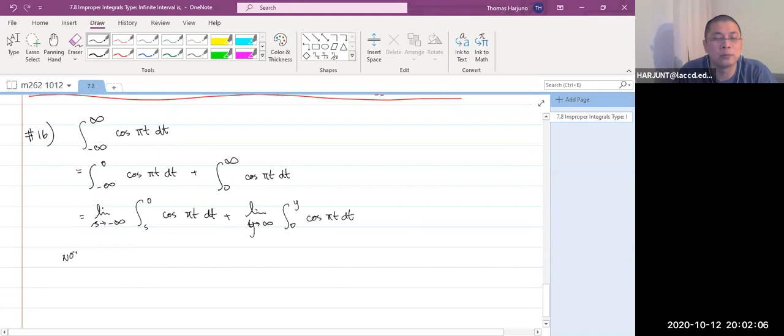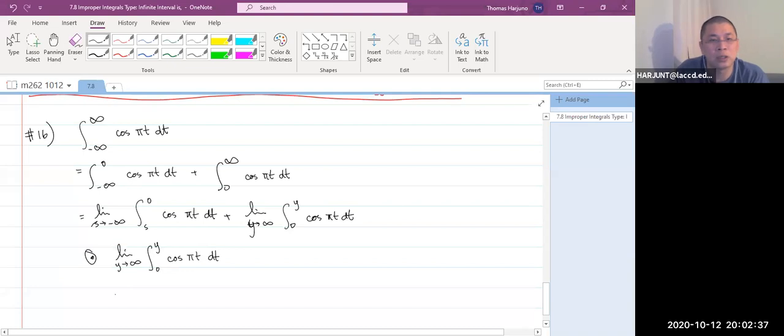Note, limit y goes to infinity. So I set aside and deal with part of that integral. Instead of both integrals at once, I deal with one of them. But you need to write a separate note. You don't have to use the word note, but you need to use a certain notation to say that you are not continuing from what we had above.